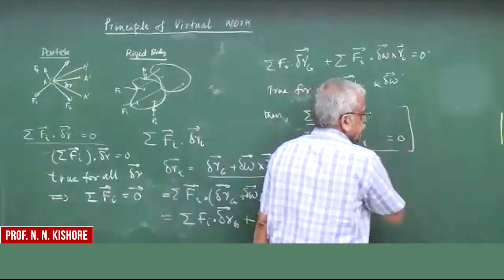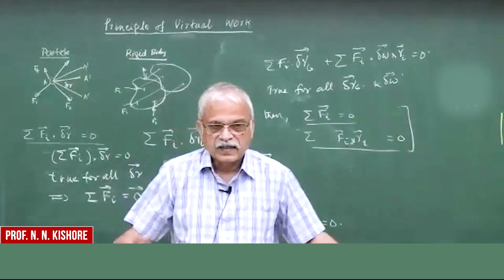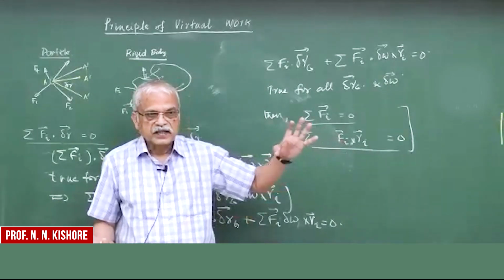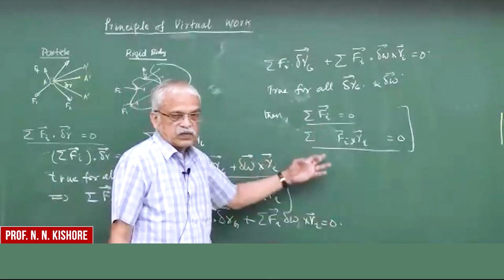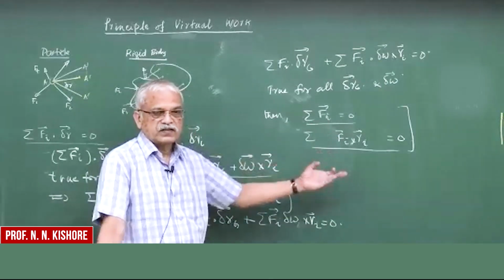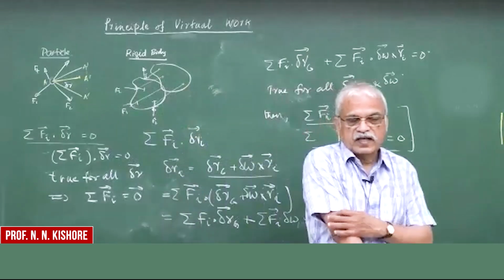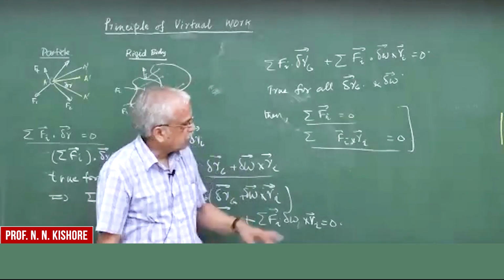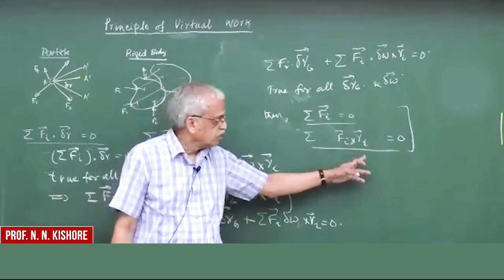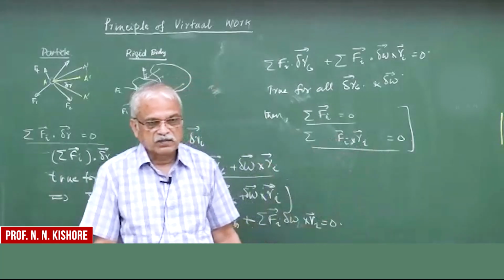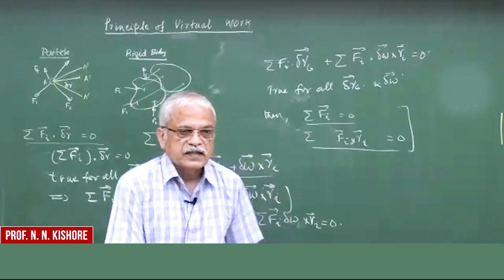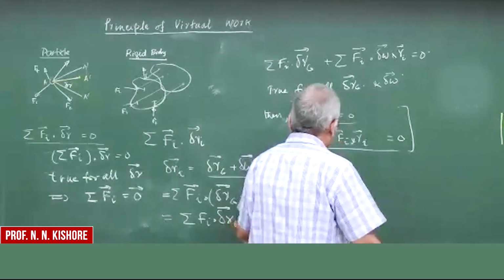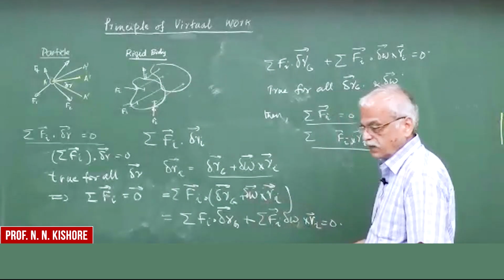So the virtual work principle, which says that the sum of all the work done by all the forces for any rigid body movement is 0, is nothing but what we have studied: the sigma of all the external forces acting on the body should add up to 0, and similarly the moment of all the external forces is 0. So there is nothing very much different from these two.